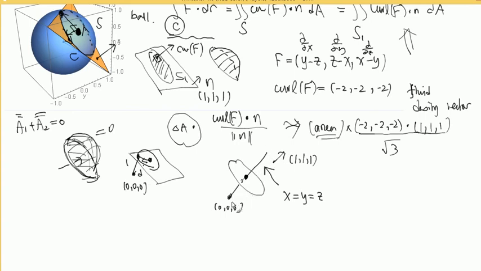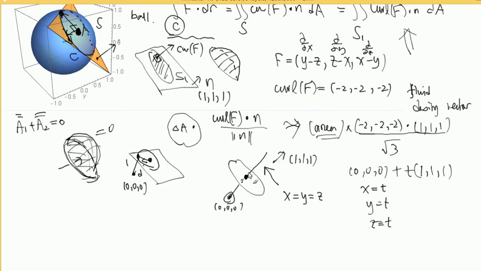If you think about the equation, starting from here, this is the 1, 1, 1 direction, so 0, 0, 0 plus t times the direction vector 1, 1, 1. So that's the equation of the line: x equals t, y equals t, z equals t.